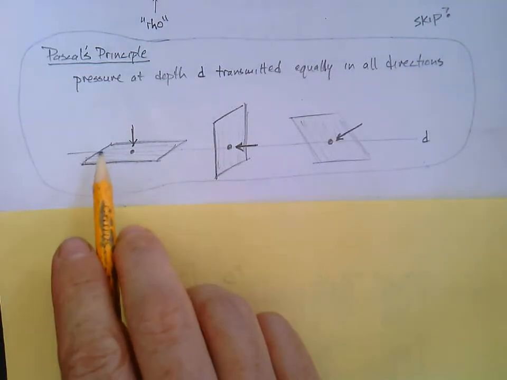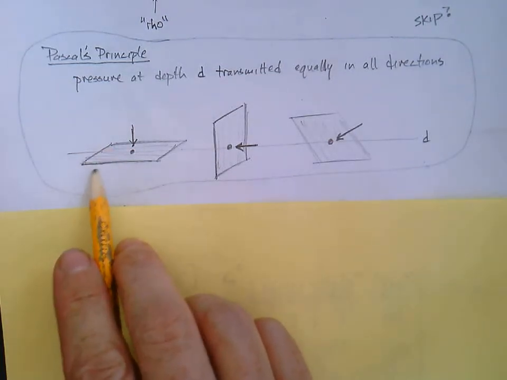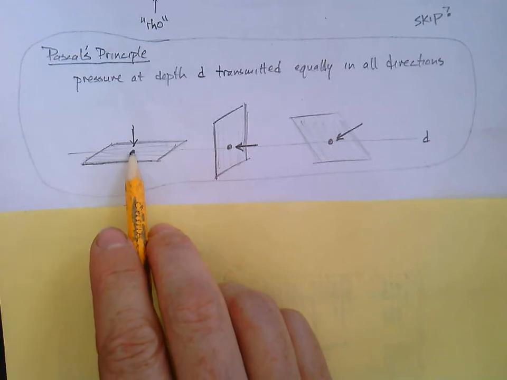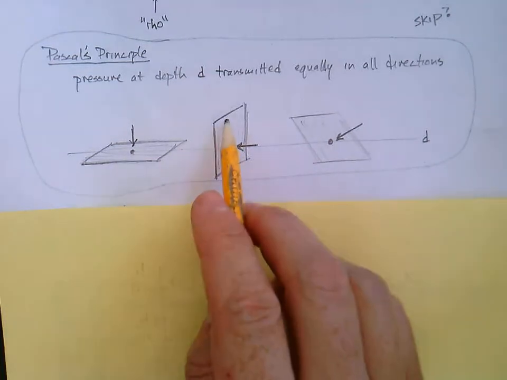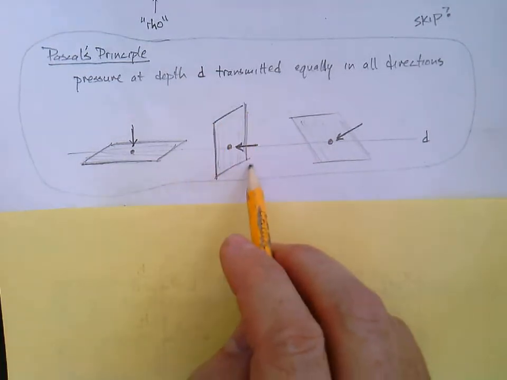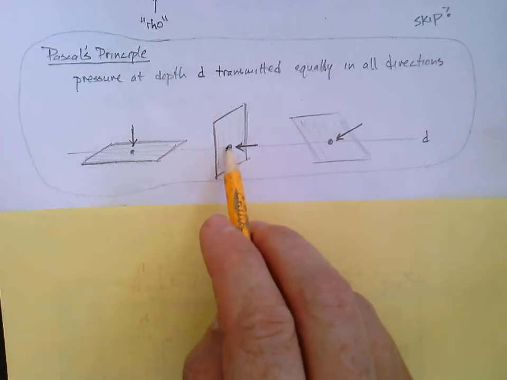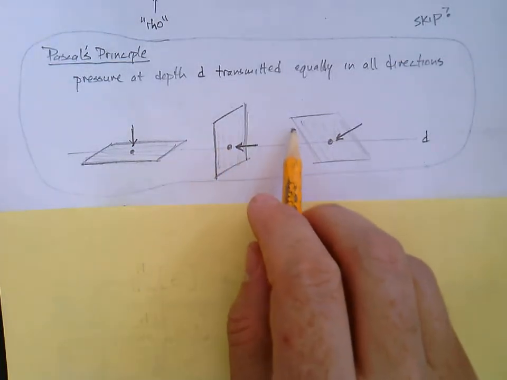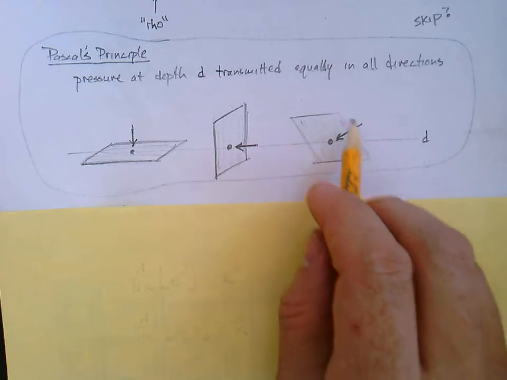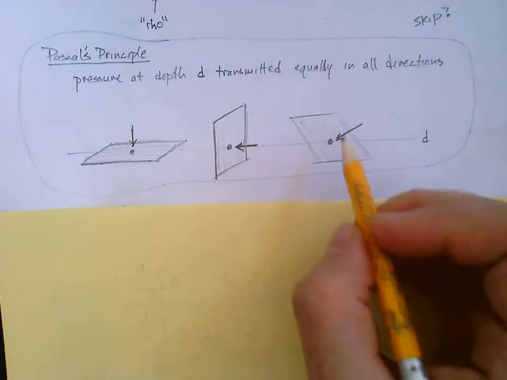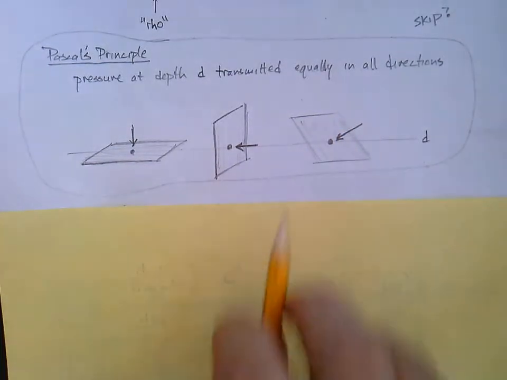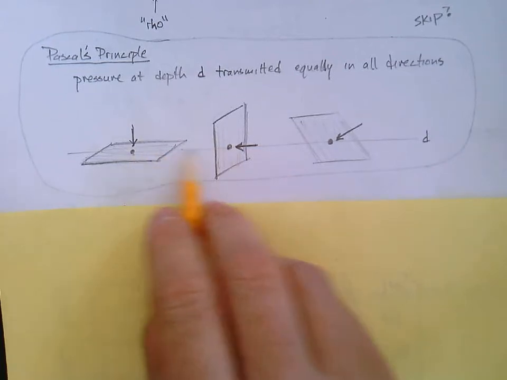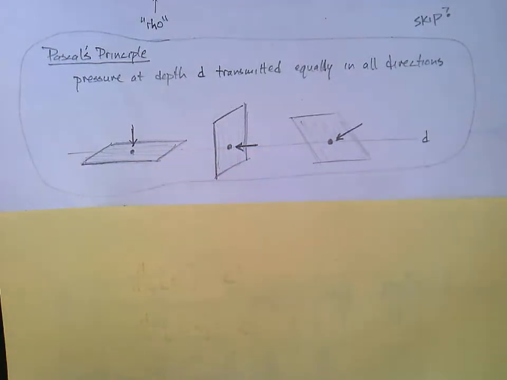Here I've got three plates. One plate is laid horizontally, and we're imagining the pressure right there. One plate is perfectly vertical, and it's going to have some pressure right there. And another plate is laying at an angle, which is what I tried to depict there. All three of these points are at the same depth.